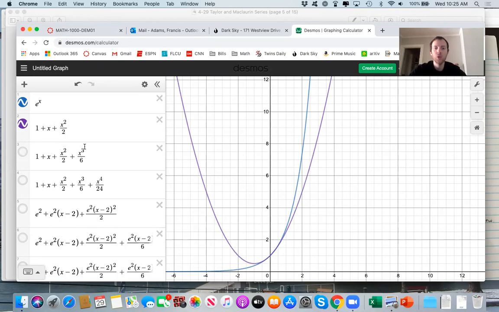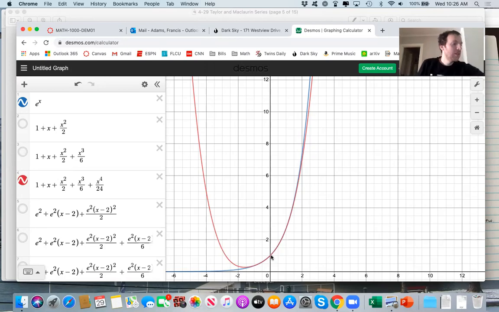And what we're looking for is that close to 0, this parabola is really close to e to the x. If we add another one, this cubic is even closer to e to the x around 0. If we add a fourth term and get a quartic, it is even better, especially around x equals 0.